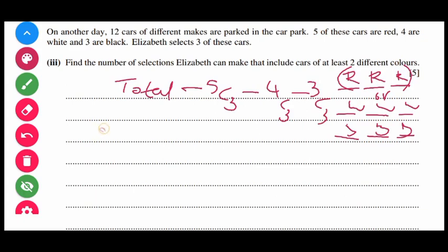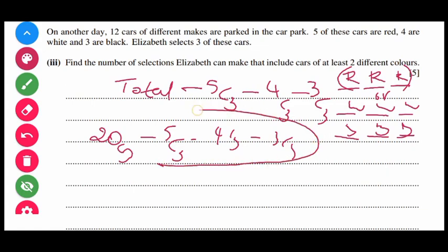And total is 12C3. From that delete 5C3, 4C3 and 3C3. This is the reverse process we are doing. From total, delete the same color, we get different colors. That's the thing we are doing. Okay, thank you.